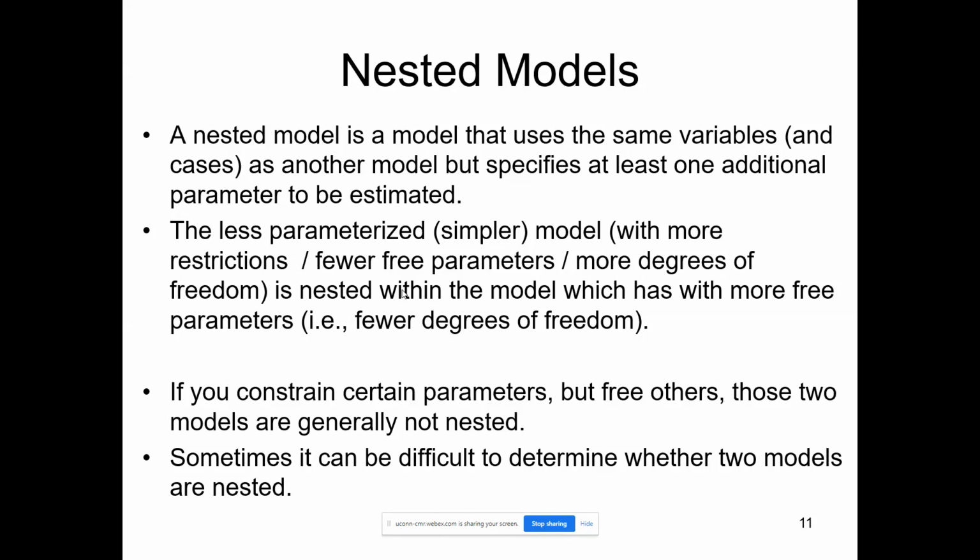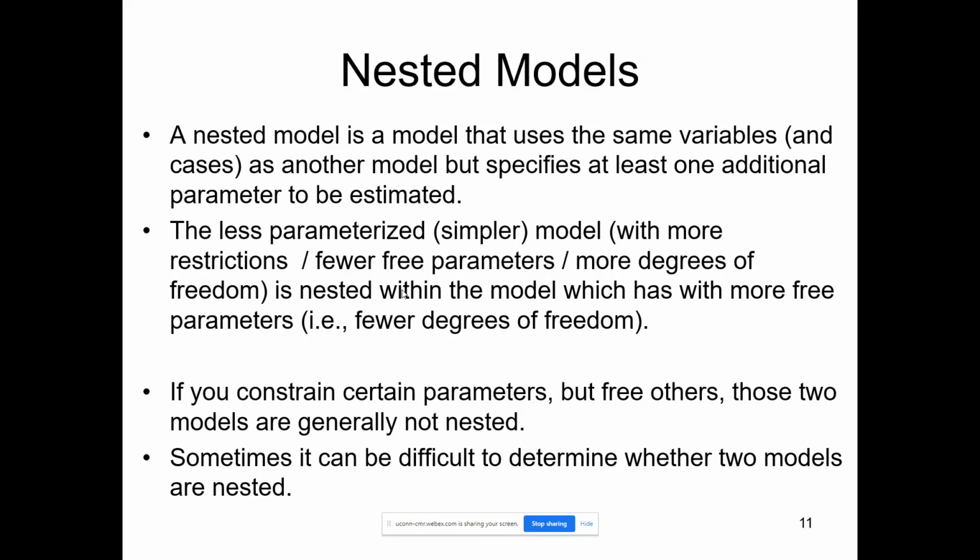And it kind of makes sense, right? What if I constrain these 3 things over here, but then I free these 3 things over here? In that case, the models are going to have the same number of degrees of freedom. They're going to have different chi-squares, probably. I mean, mathematically it's possible you could do that and get the same chi-square, but it's highly unlikely. They're going to have different chi-squares, but you can't then compare them.